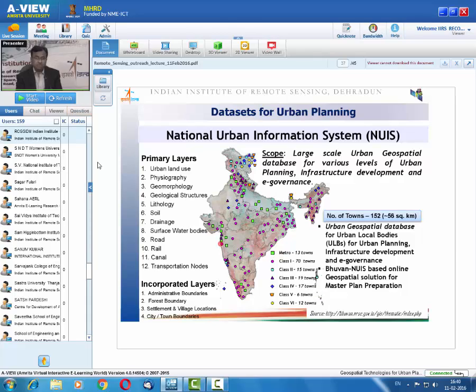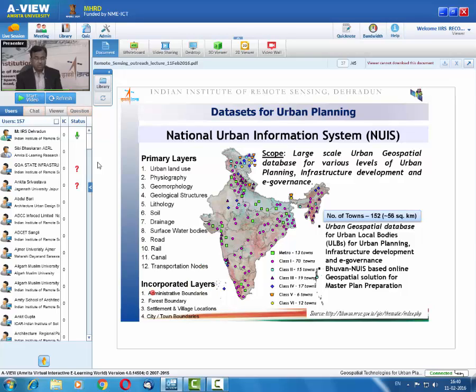Now this NUIS database contains a total of 16 layers. These layers consist of 12 primary layers and 4 incorporated layers. The 12 primary layers are urban land use, physiography, geomorphology, structures, lithology, soil, drainage, surface water bodies, road, rail, canal, and transport nodes.